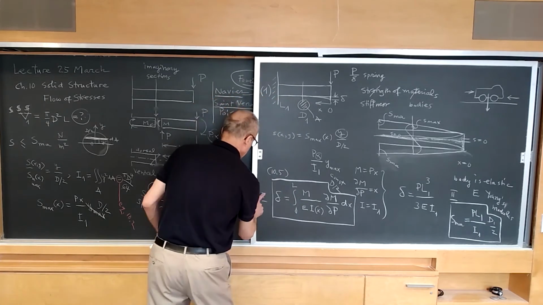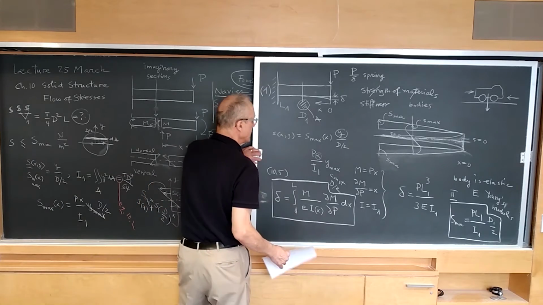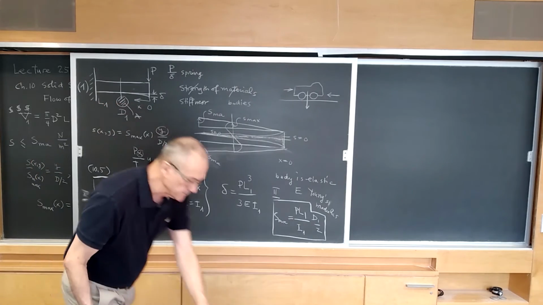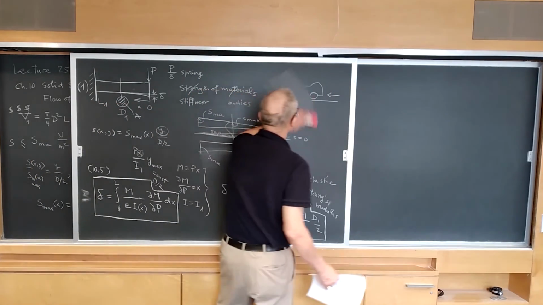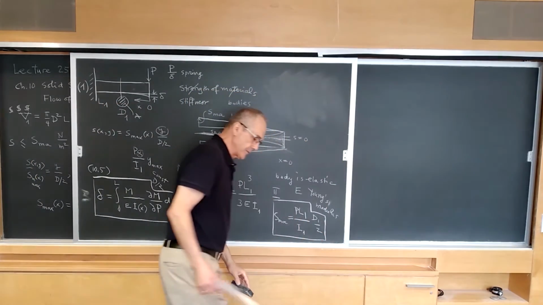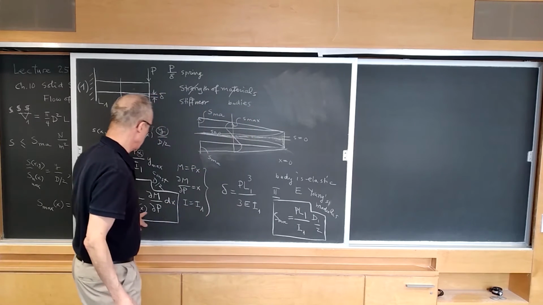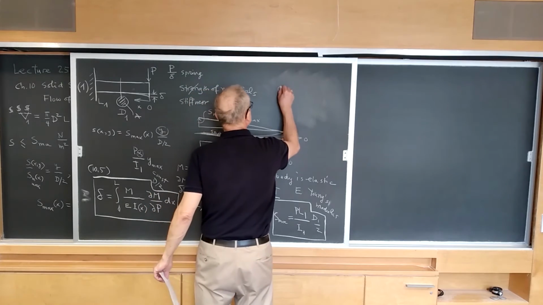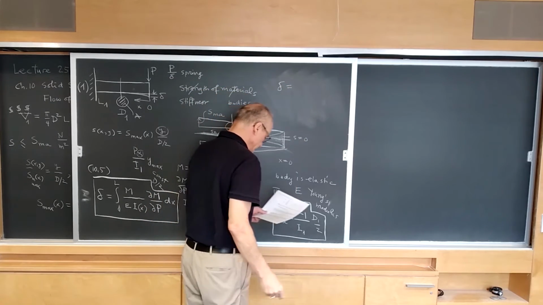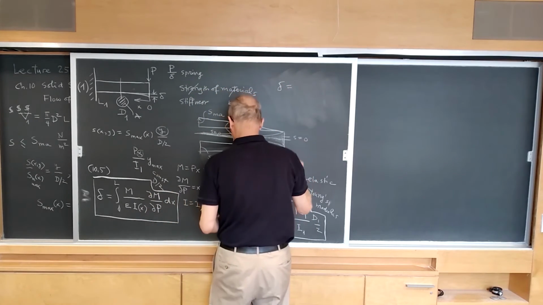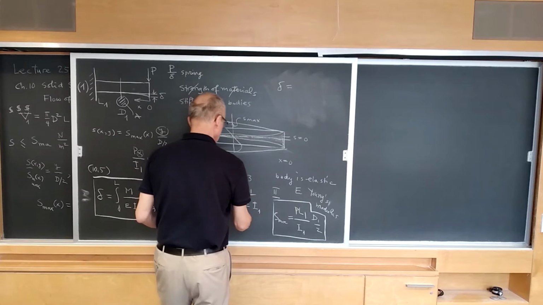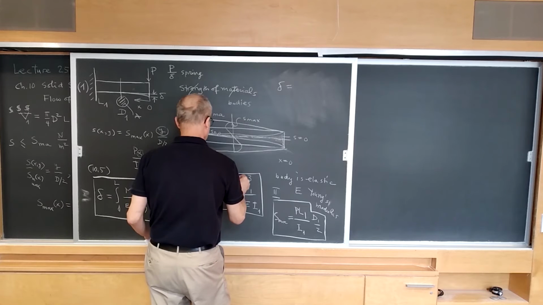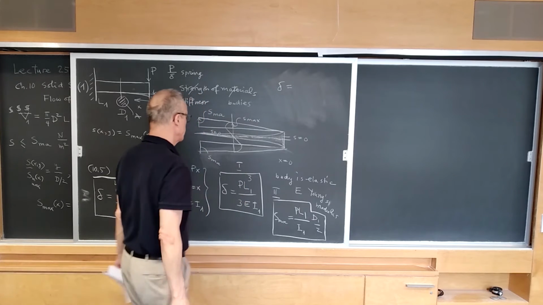This is the general version. 10.5 is general. If we execute this integral for our case, we get delta equal to P L1 cubed. I already wrote it here, sorry. That's the Roman 1 according to the template.